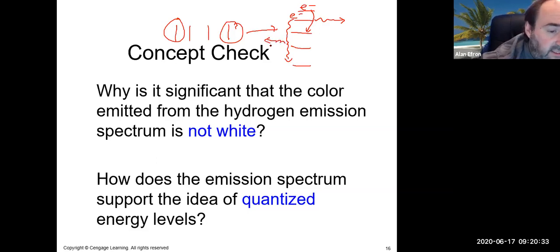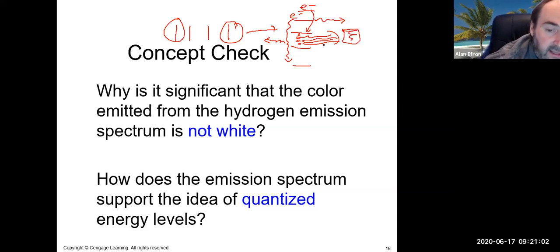Because we see these distinct lines, that represents that these electrons are transferring from one energy level to the next in a whole number of packets of energy, and they're not stopping anywhere along the way. If they could stop here, here, and here, we would see all these wavelengths coming off at once, and we would see white light.